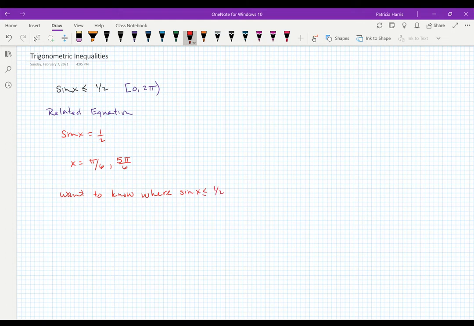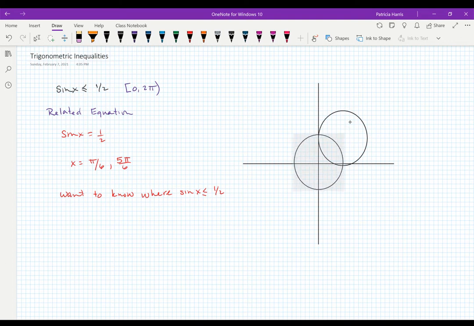Thinking about my unit circle, this is 0.